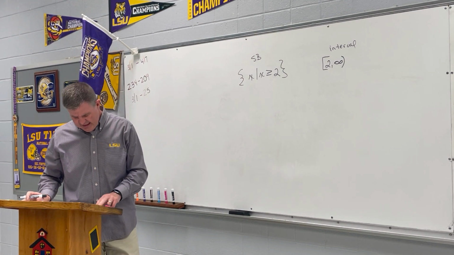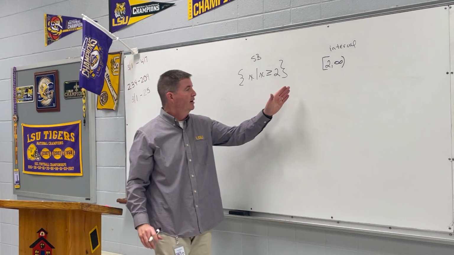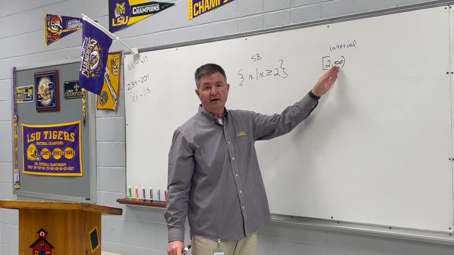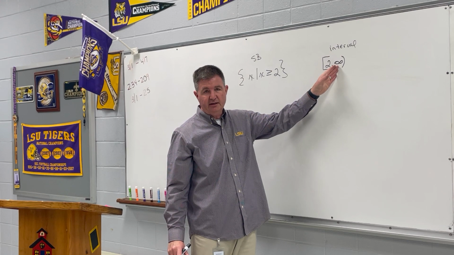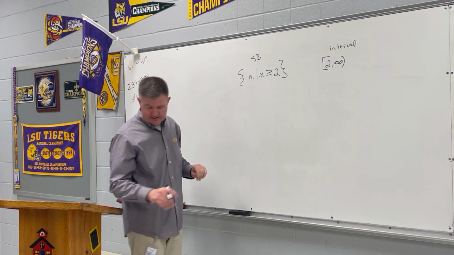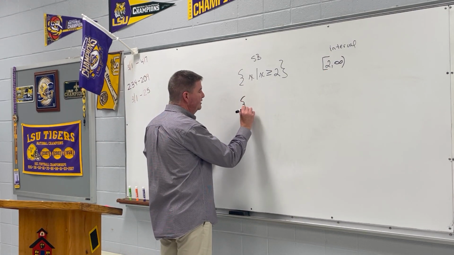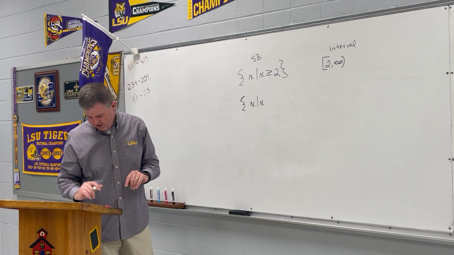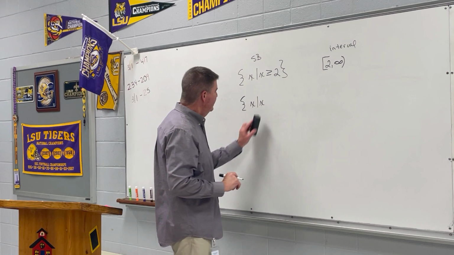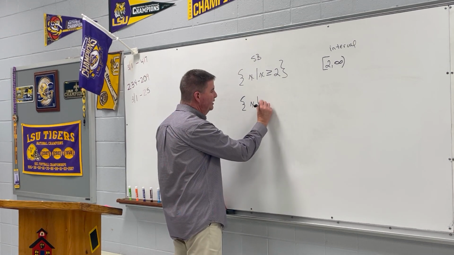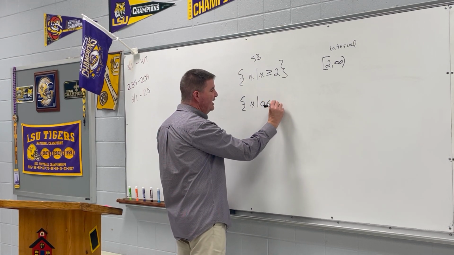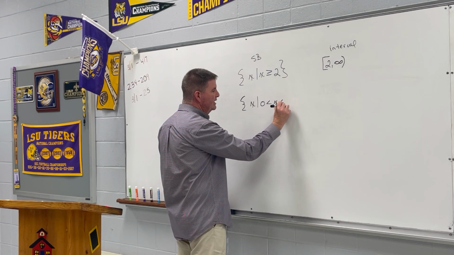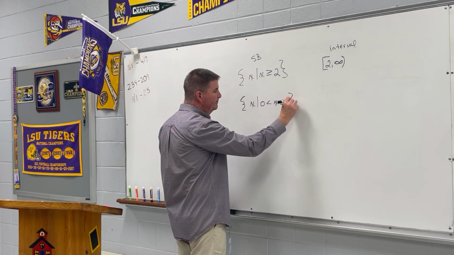Another way of doing a set builder, if we start with a number instead of starting with or ending with an infinity, we could say something like this. Take it from set builder, x such that 0 is less than x, which is less than or equal to 4.